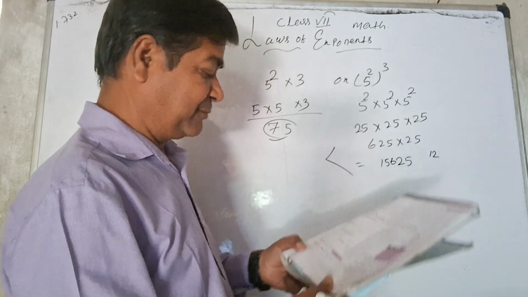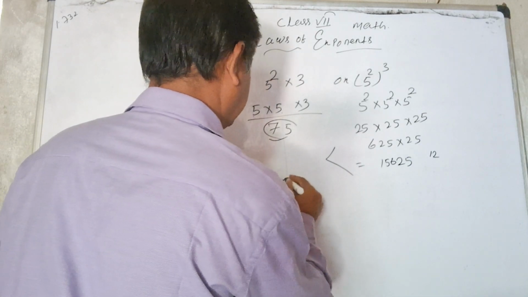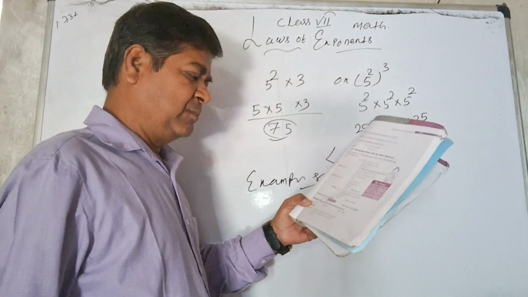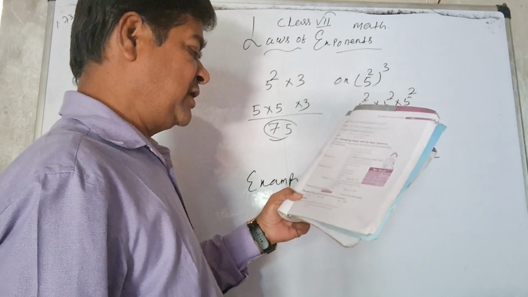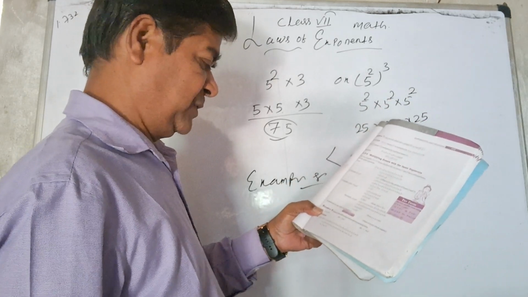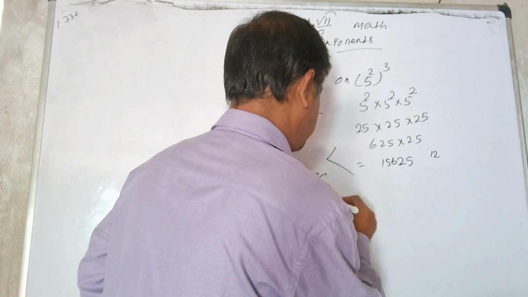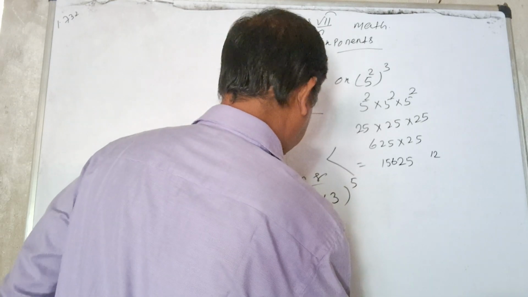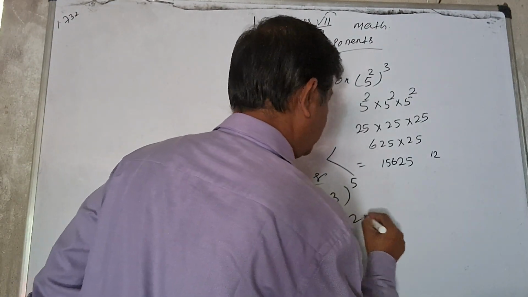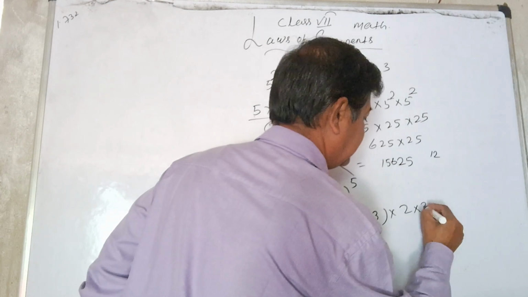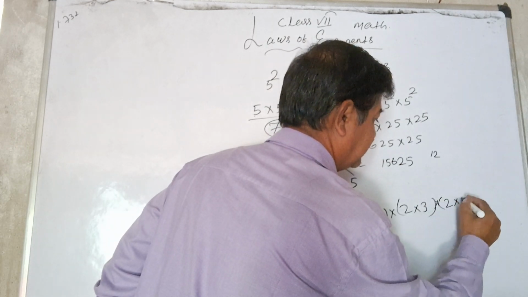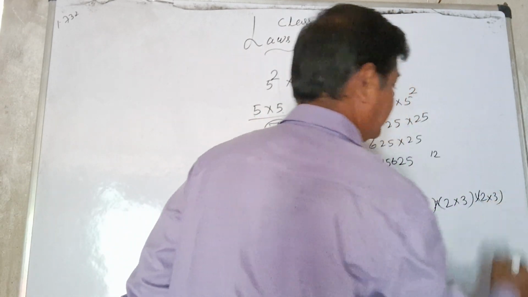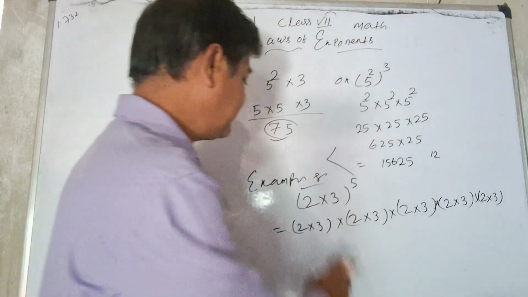Then another example, example 8. Express the following terms in exponential form. 2 into 3 to the power 5. 2 into 3, 5 times: 2 into 3 into 2 into 3 into 2 into 3 into 2 into 3, and again 2 into 3.